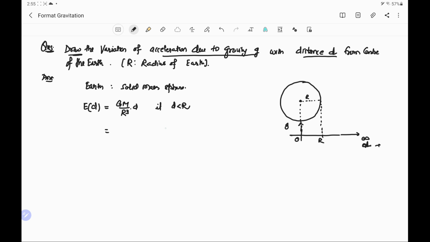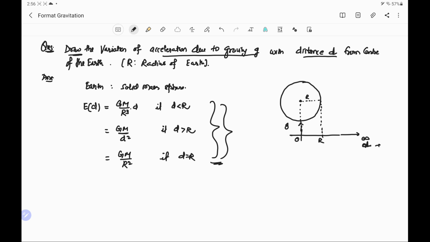And if d is greater than R, then this will be equal to GM/d². And at the surface of Earth, we can write it is GM/R² if d equals capital R. This information we have to remember.